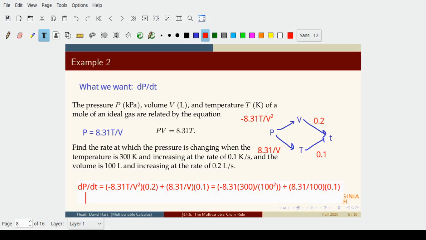And our answer will be in kilopascals per second. And this is just a calculation problem from this point on.